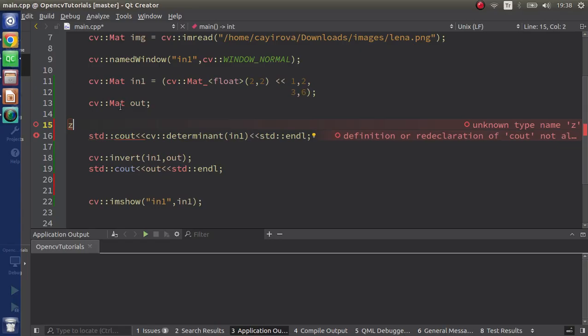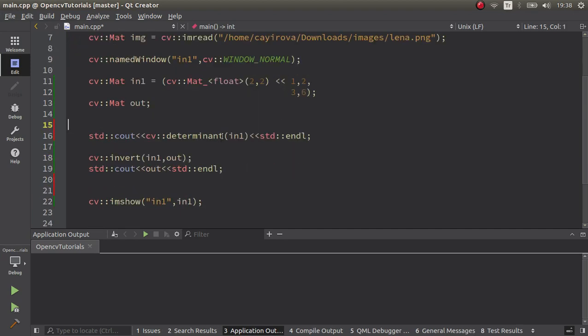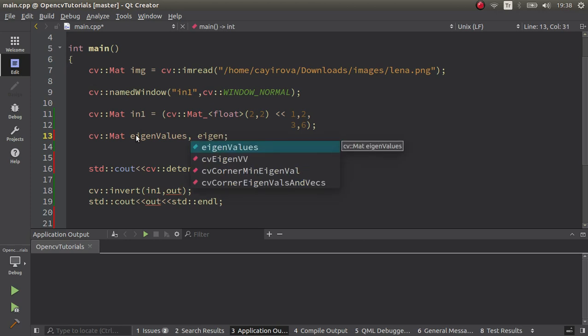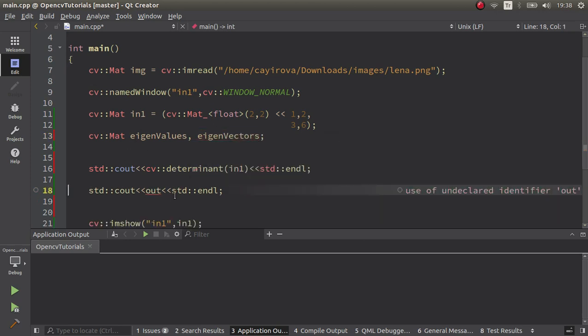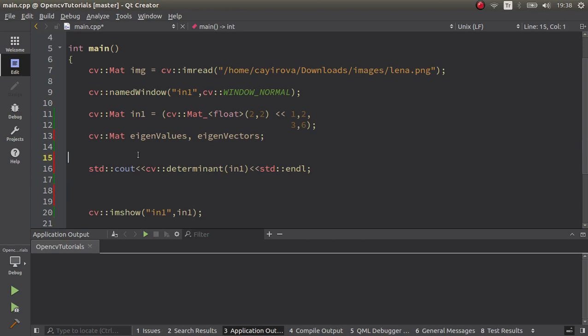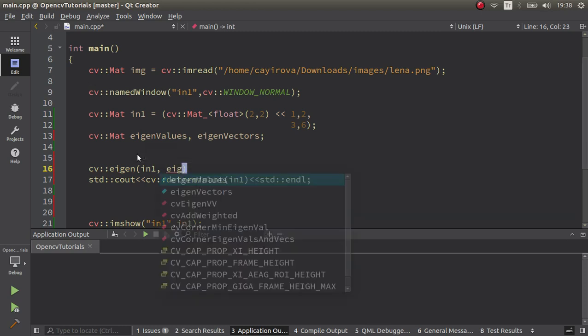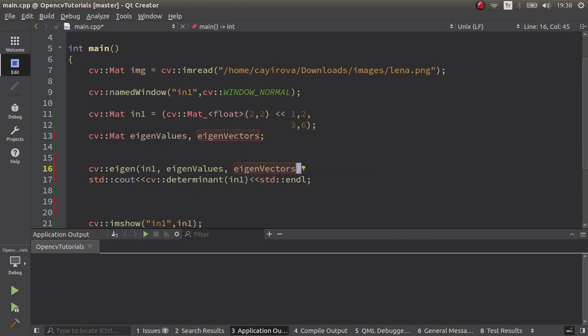Let's switch to the code part, and this is the example from the previous video. Maybe we can play with this a little bit, and this is the input matrix. We need other outputs, which are eigenvalues and also eigenvectors. Okay, and what is next? All we need to do is call the eigen function with input 1, eigenvalues, eigenvectors, and we are done.